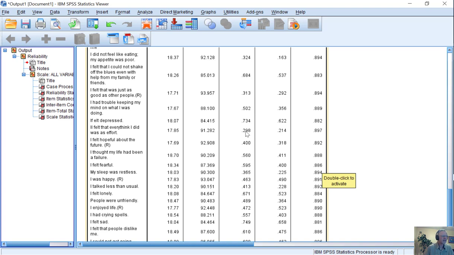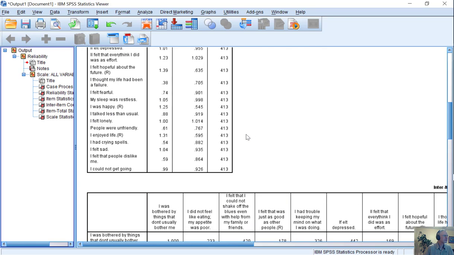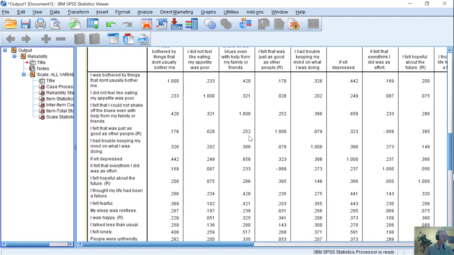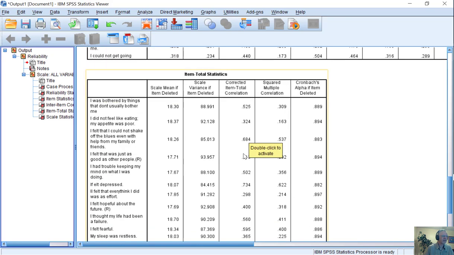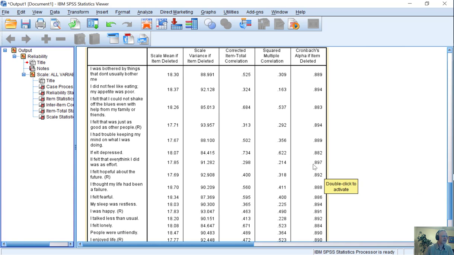But that has only a 0.298 correlation. Basically it's saying you might improve Cronbach's alpha just a tiny bit, but for that tiny bit of improvement, I wouldn't bother taking it out.